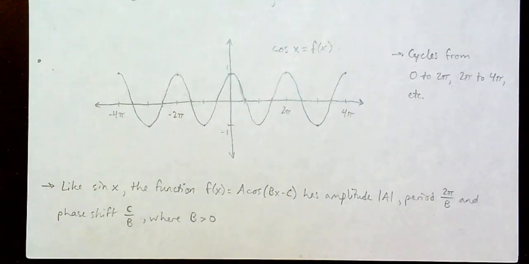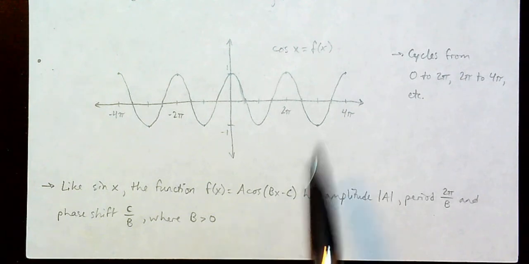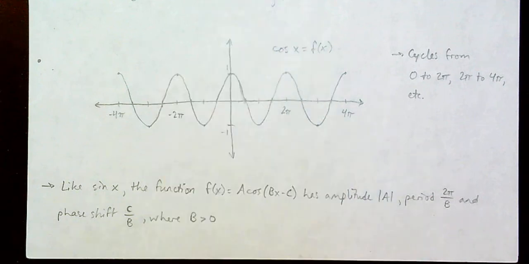So what you should be able to do is, if you are given a sine or cosine function that looks like it's in any one of these two forms, you should be able to identify what's the amplitude of the function, what's the period of the function, and if there is a phase shift, what is it?